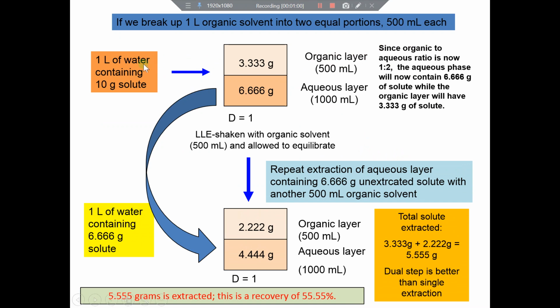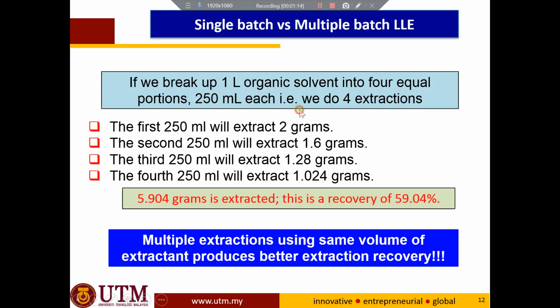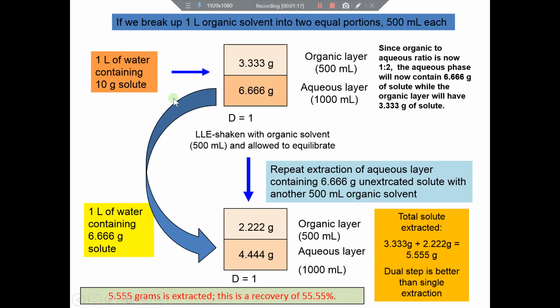The 1 liter we divided into 2 different portions. Multiple batch. So what you are doing here, you put 1 liter of your solution containing 10 gram of solute over here, and then you extract.